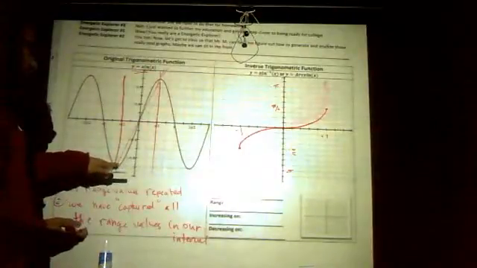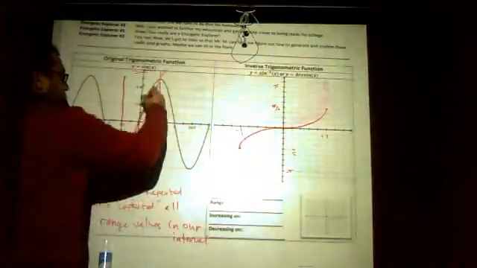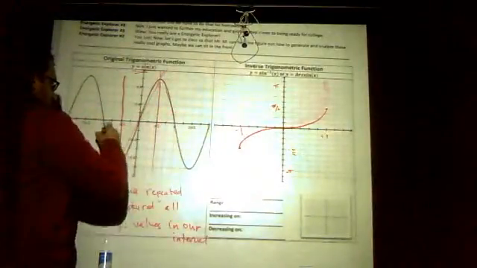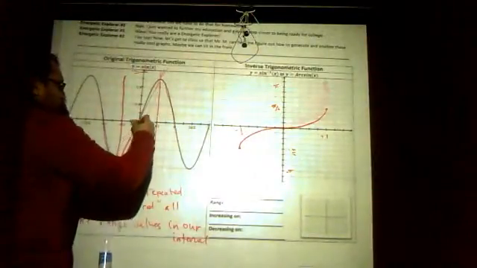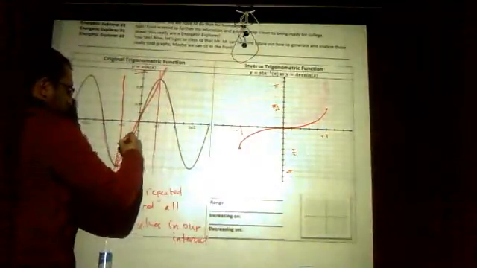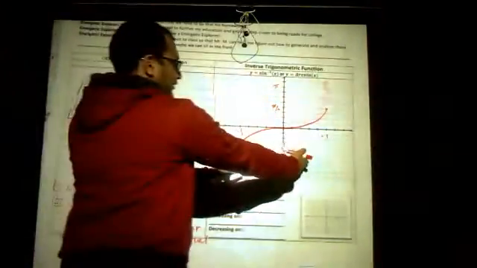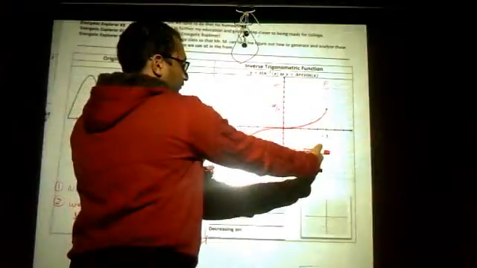Your original sine graph over here looks like this. We said that the inverse would reflect it over this straight line, and the inverse ended up being this dashed line, which, if we go over here to our newly created graph, is the graph of our inverse.